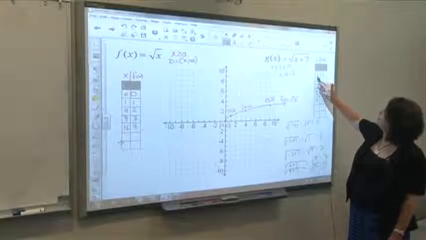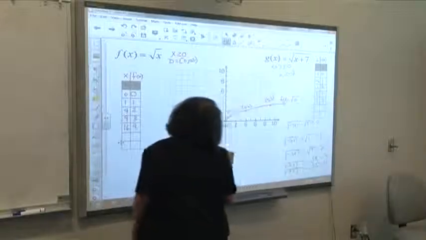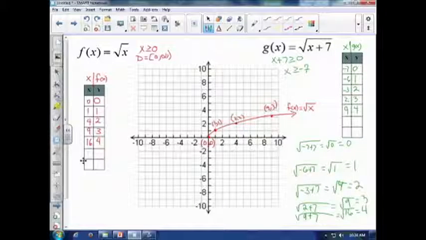So we're going to start at negative 7 here, because the domain goes from negative 7 to infinity. When x is negative 7, y is 0. So that's my first point, negative 7 and 0. Negative 6 and 1. There's negative 6 and 1. Negative 3 and 2. There's negative 3 and 2 right here. 2 and 3.